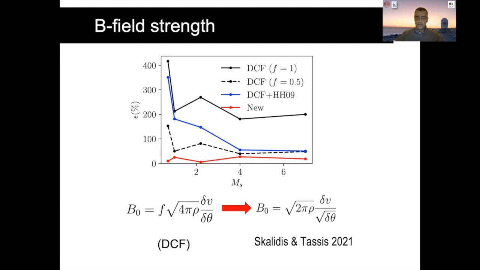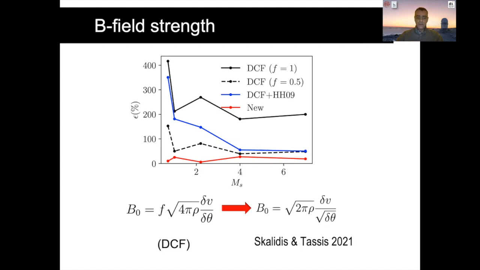Observations, however, indicate that the non-Alfvénic compressible modes may be actually important in the ISM dynamics and energetics. In a recent paper with my PhD student Kalidis, we propose a new method for estimating the magnetic field strength, which includes the compressible modes.